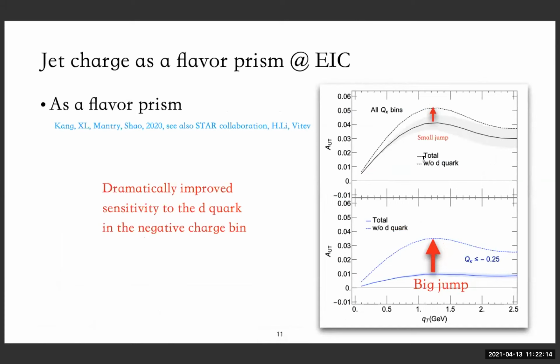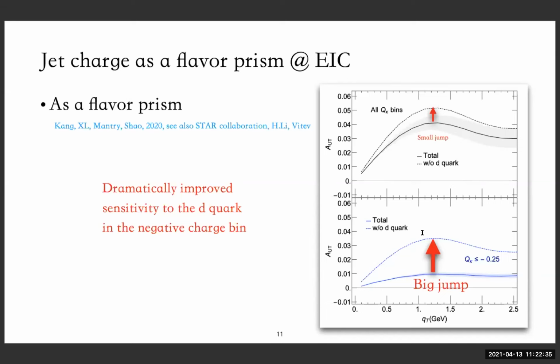We see that in this case, removing the D contribution results in a very small change in the spin asymmetry, and this change is almost comparable with the theoretical errors. So this indicates that if no jet charge is measured, the spin asymmetry is insensitive to the D quark flavor.